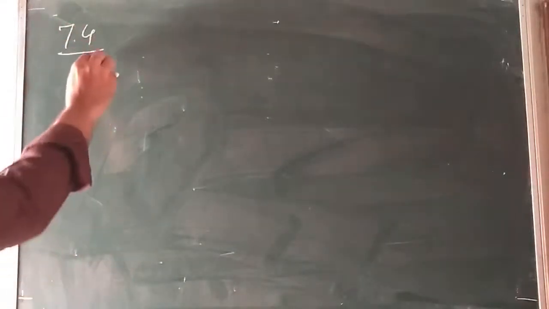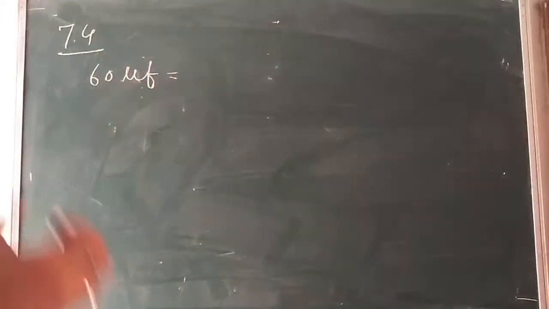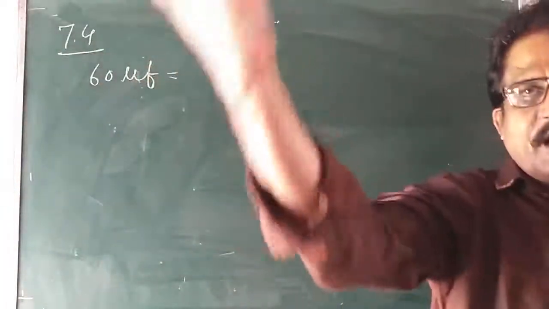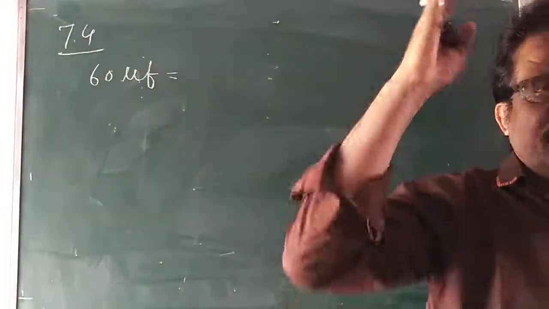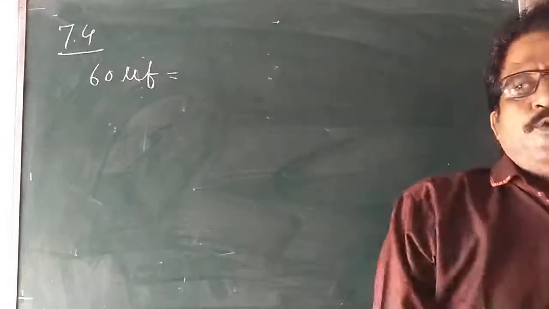Dear children, it's a very important part. How much pen we are taking to solve the numerical? Say the numerical 7.4. A 60 microfarad capacitor. We know what is microfarad. 60 into 10 raised to the power minus 6 farad.